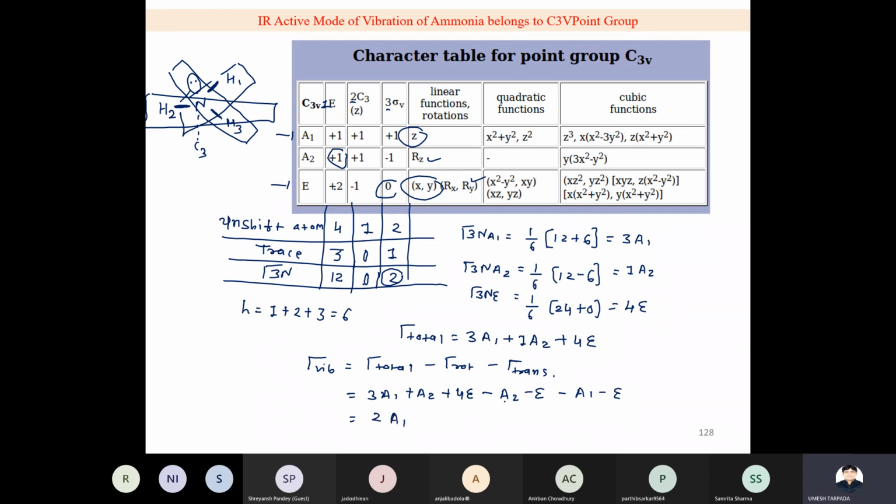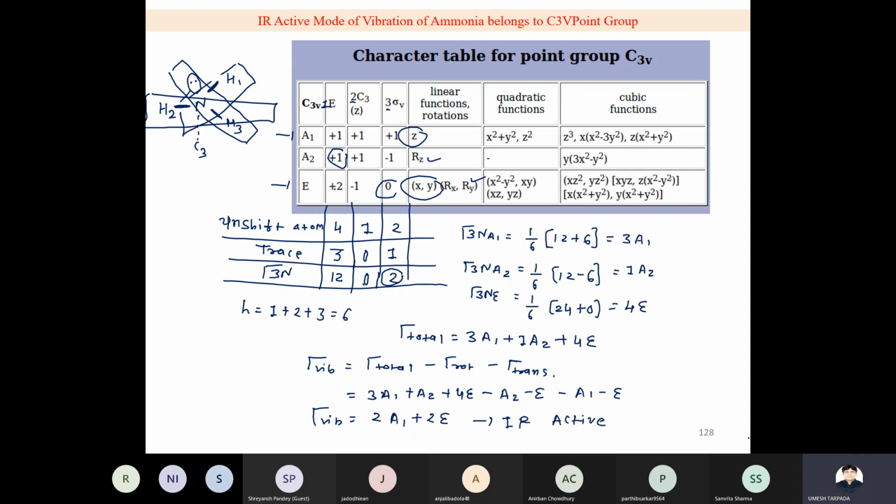A2 minus A2 becomes 0. Then 4E minus 2E, that is 2E. So this is the total vibrational modes, and both are IR active because XYZ are there.